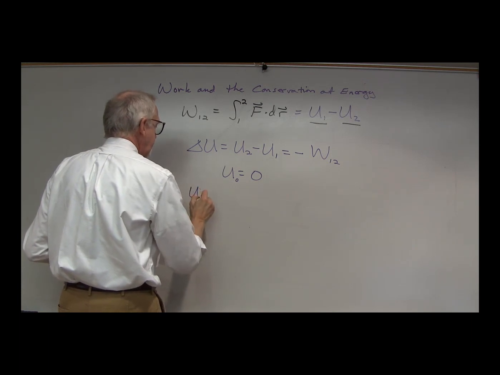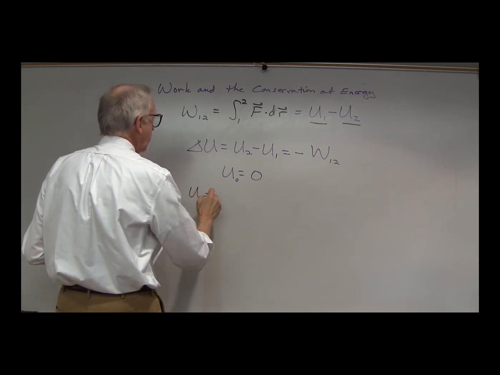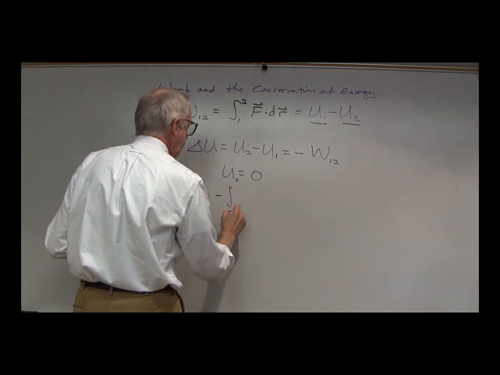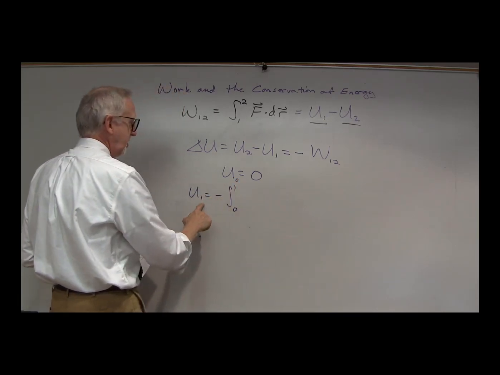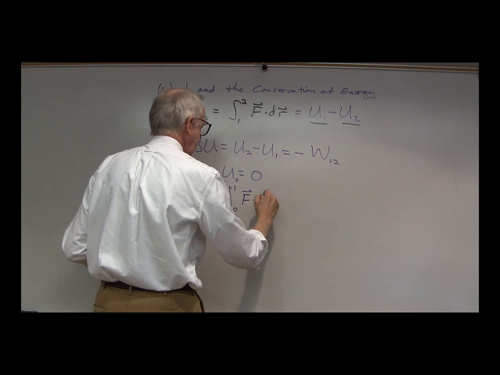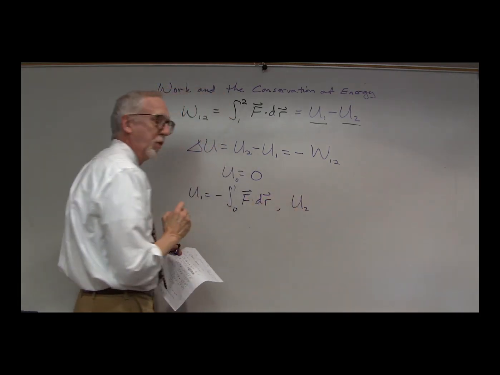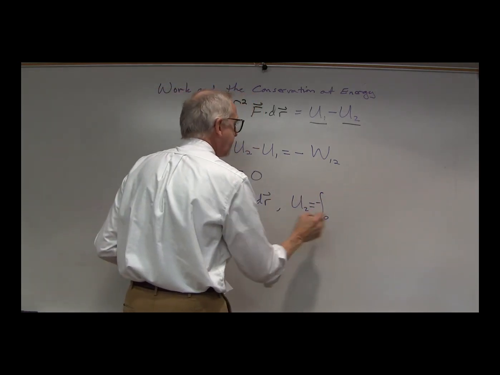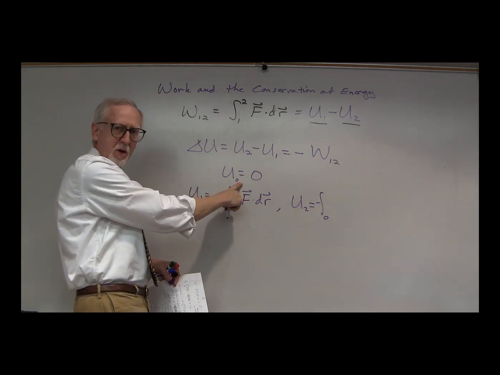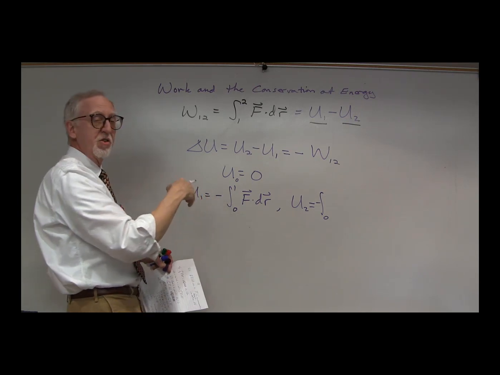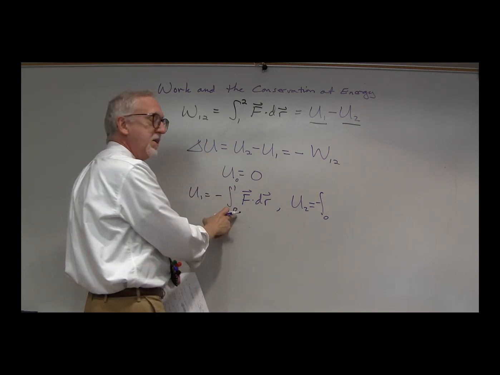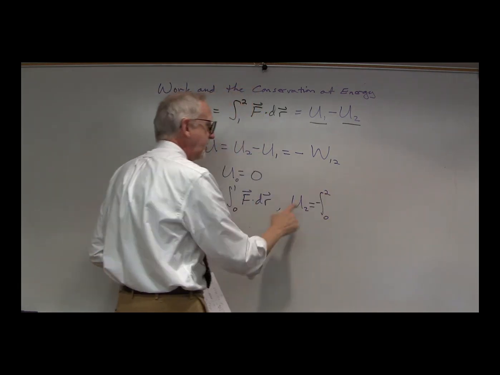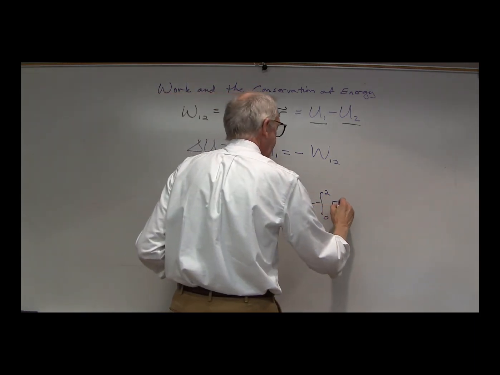The potential energy at point 1 will be the negative integral from point 0 to point 1 of F dot dr, and then the potential at point 2, or any point, will be negative the integral from this 0 point, wherever the potential is 0, to our final position of F dot dr. For gravity, that is wherever the height is 0, or for the spring, wherever the potential is 0.